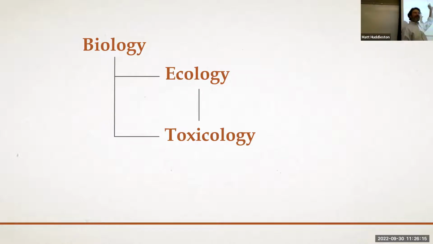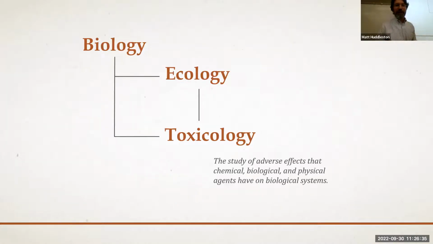Ecology, again, that's when it kind of came home to me, like, this is why I'm here. This is what I find interesting, and it's going to keep me in this profession. Other subdisciplines, as you know, there's a million of them now, but toxicology is one of those subdisciplines, of course, and that's the study of adverse effects that chemical, biological, and physical agents have on biological systems.